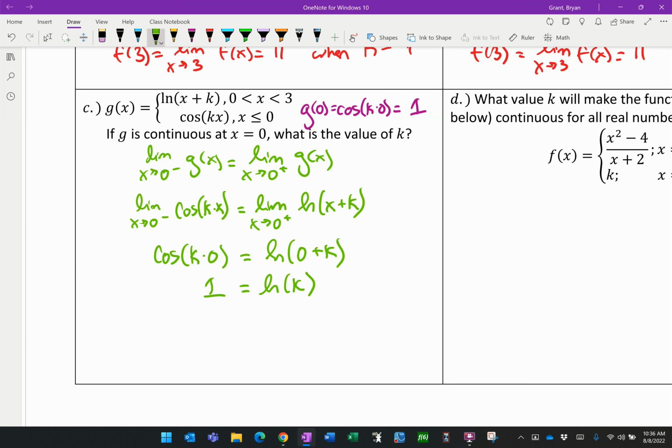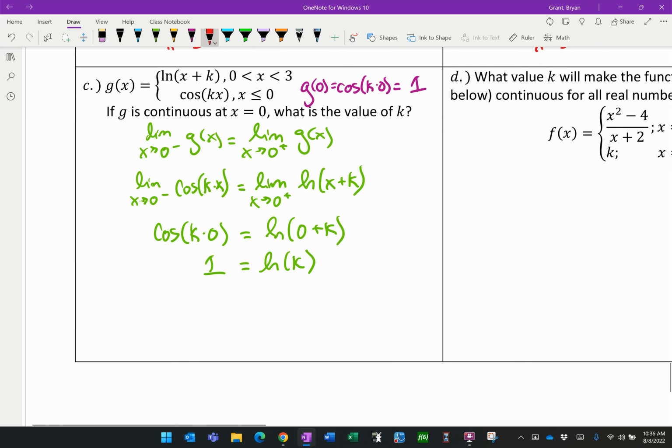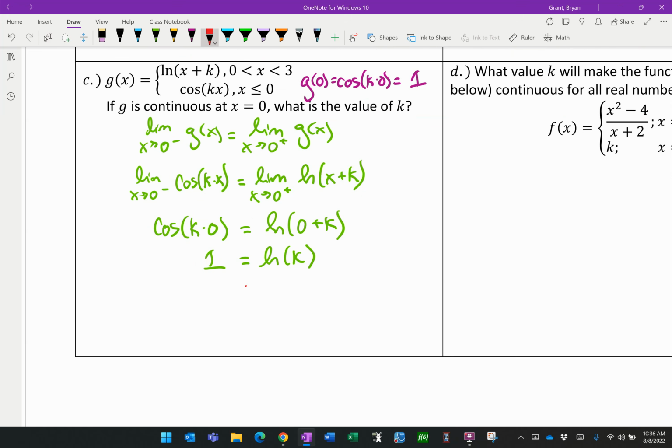Well, natural log is still attached to it. Do you remember how to undo natural log? That's right, we need to do e to the power of, so a little exponentiation here. Those will cancel, leaving us with k. And e to the first power, anything to the first power is just itself, is e. And don't forget that e is 2.718, and so on. So we're saying k is the constant 2.7 something.